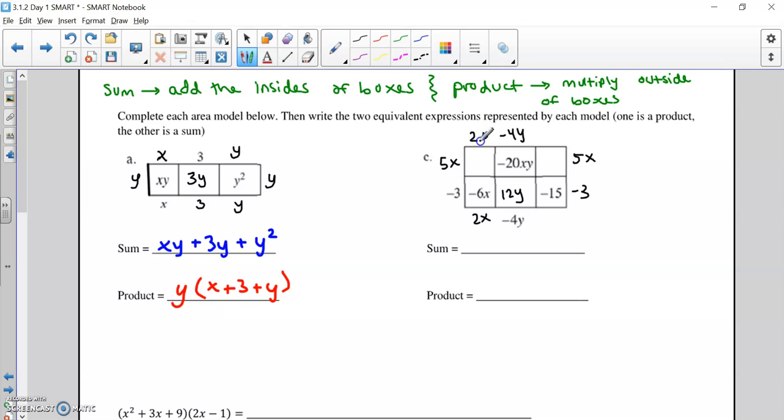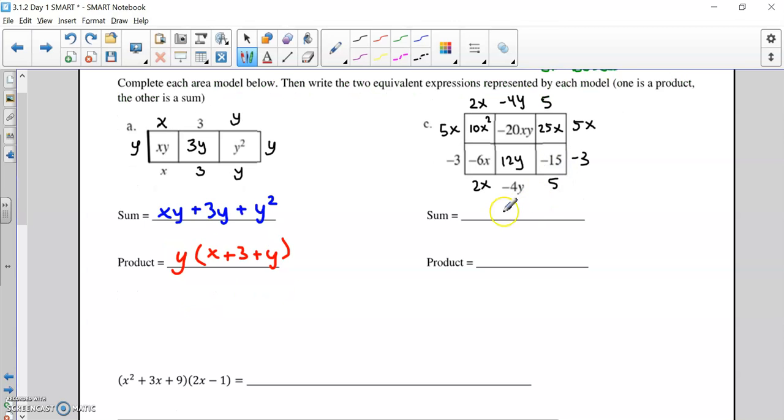So we can put that here as well. And now we can multiply these two to figure out this box. It's going to give us a 10x squared. All right. Down here, we know that to get a -15, we can multiply -3 by +5. So we could put a 5 up here. And then we can multiply these two. That's going to give us a 25x.